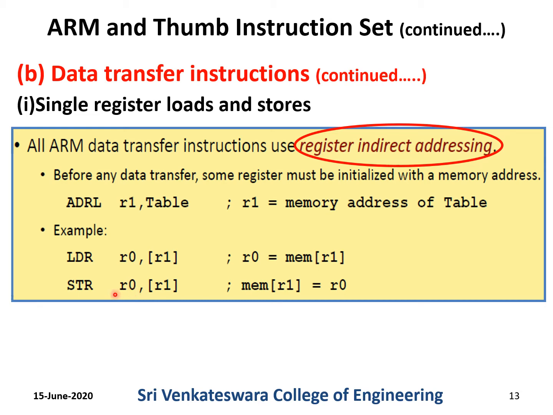So R0 is holding the data which should be stored into the memory location pointed to by R1. So R0, the first operand, is now considered as a source, and the location pointed to by R1 will be the destination. So the memory location pointed to by R1 is loaded with R0.